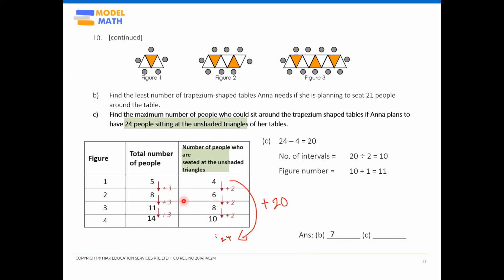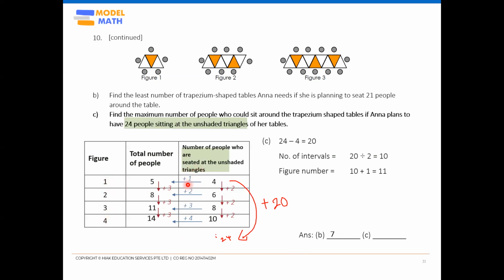You notice there's a decrease of 1, decrease of 2, decrease of 3, decrease of 4. So the opposite way is an increase. So this is 4 plus 1 gives you 5, 6 plus 2 gives you 8, this one plus 3, this one plus 4. So notice that the plus something here will tally with the figure number.